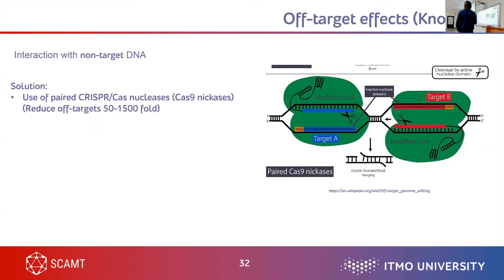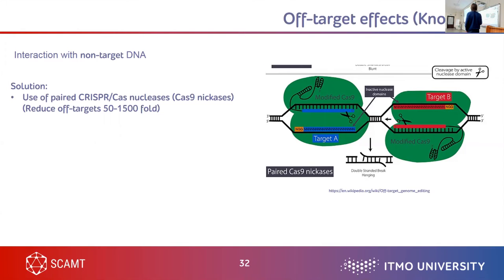What is the benefit of using CRISPR-Cas nickases? They require two DNA sequences for recognition, like zinc fingers or TALENs. Ordinary CRISPR-Cas requires only one, but nickases require two, which significantly decreases the off-target activity of the CRISPR-Cas system.